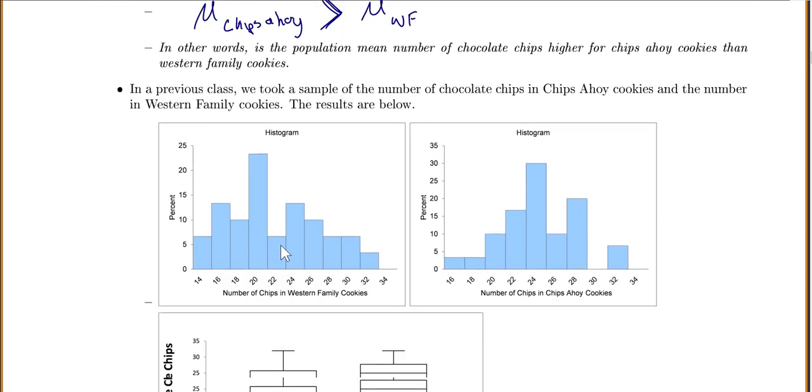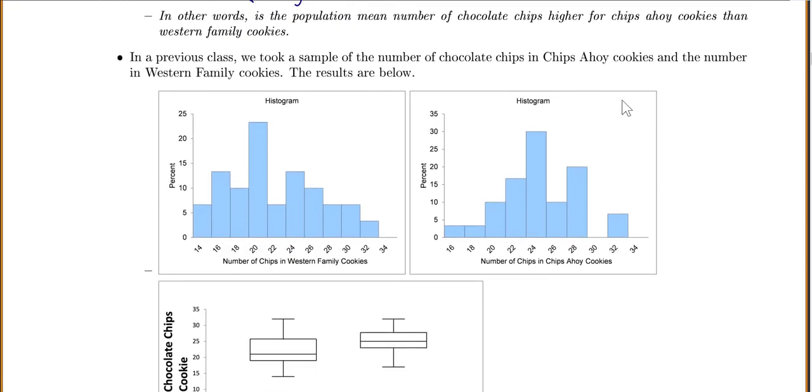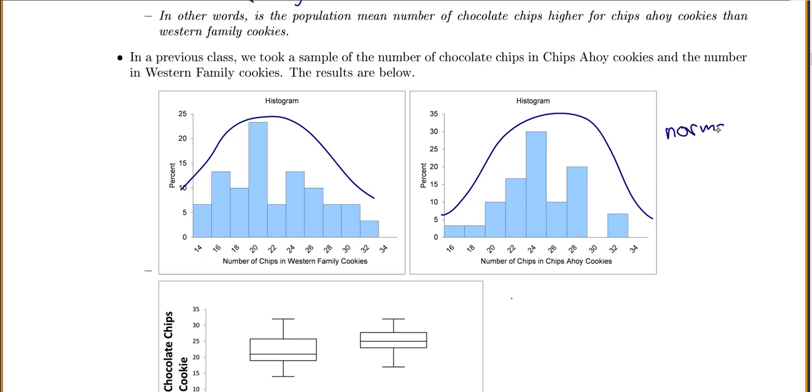Now in a previous class, we took a sample of the number of chocolate chips in Chips Ahoy cookies and the number in Western Family cookies, and here are the results. Okay, so you can see our results here. Looking at these, it's not exactly normal, but our data doesn't have to be exactly normal to do our test. I would think this would be normal enough for everything we've been doing.